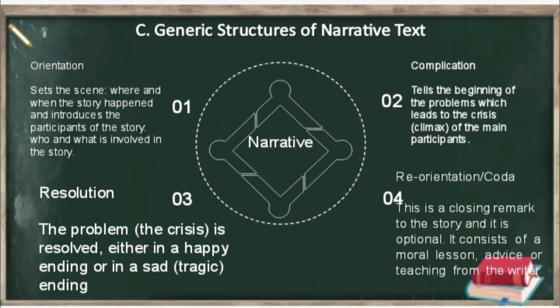Here, if you find a narrative, and then at the end of the story you can find the moral value. That's what the writer wants, after you read their stories, you can understand something that you have learned from their stories.